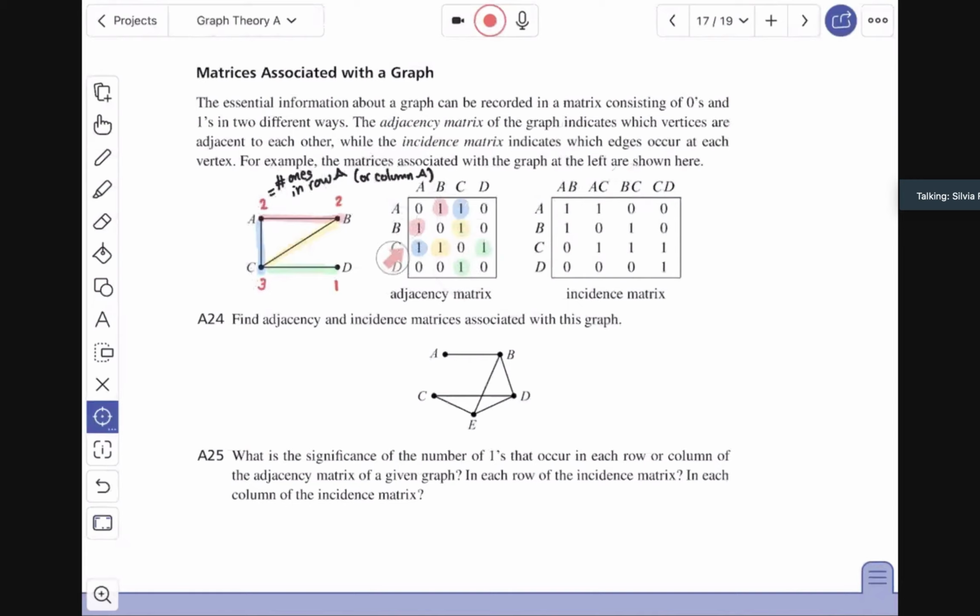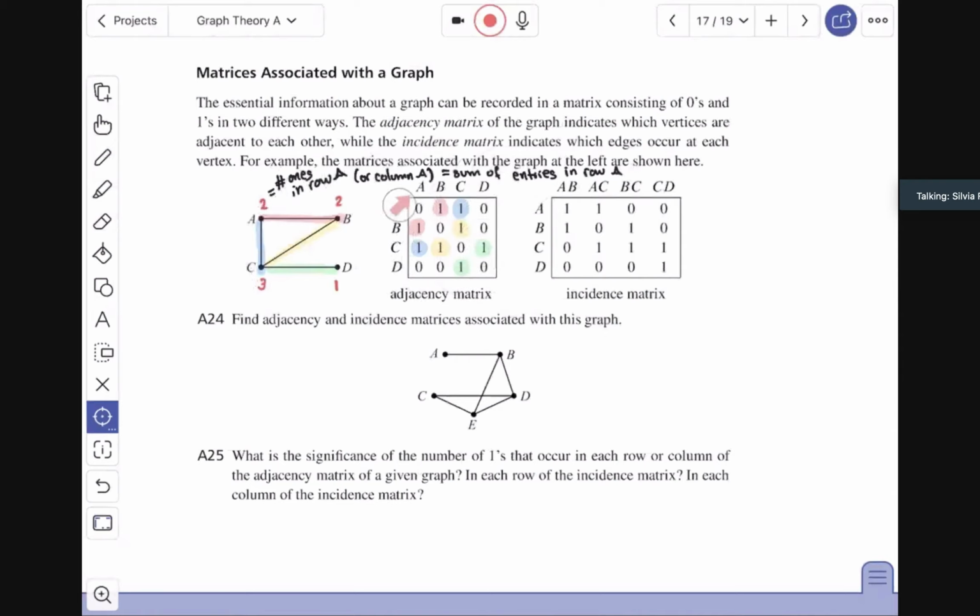The sum of the entries, 1 plus 1 plus 0 plus 1, is the degree of C. So the sum of the entries in the first row is the degree of A. Sum of the entries in the second row is the degree of B. Third row, degree of C. Last row, degree of D.